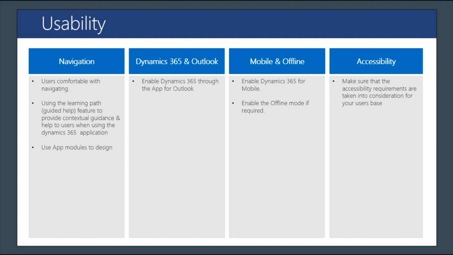So usability, and there's a lot of feedback that we get with usability. Again, many a times the users are trained in a way that click here, go here, fill in this information, save this record.